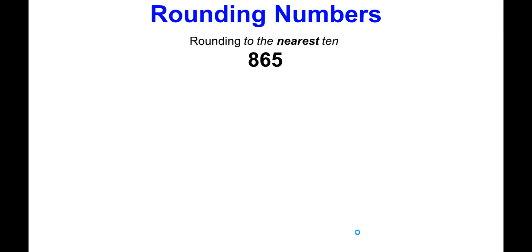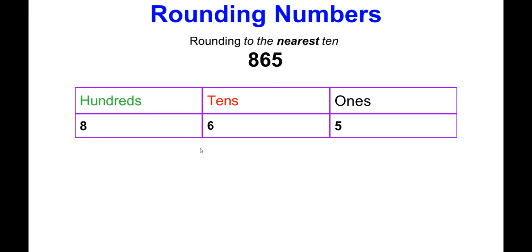For rounding numbers, it is also useful to know the place value of each digit. When we round numbers, they will ask you to round to the nearest 10, or nearest hundred, or nearest thousand. This is why it is important to know the place value of each digit. So let's look, for example, at this number. I have 865. I have 5 ones, 6 tens, and 8 hundreds. And here they're asking me to round to the nearest 10.